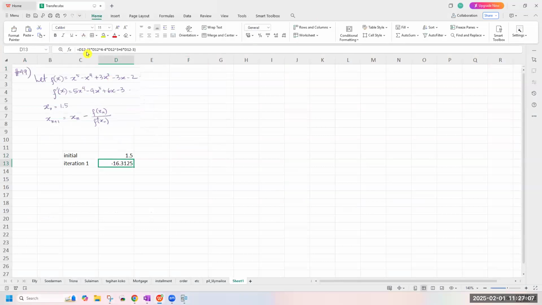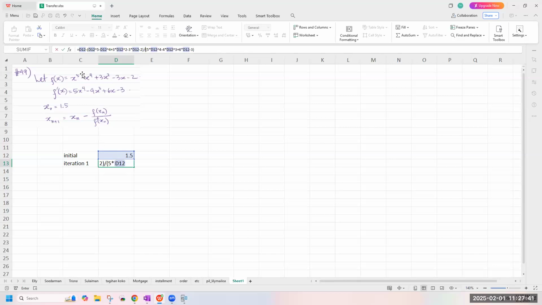This is on the numerator, but it's supposed to be on the denominator. So on the top, that will be whatever x we have to the power of 5 minus x to the power of 4 plus 3 times x to the power of 2 minus 3 times x minus 2, close parenthesis, divided by the denominator.